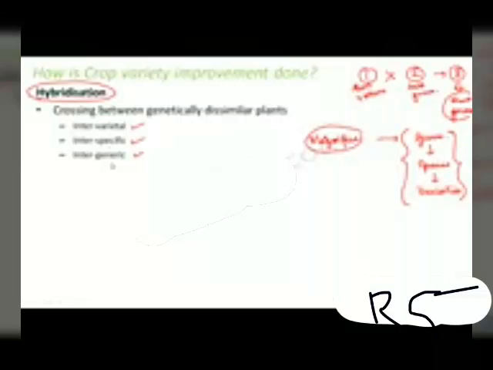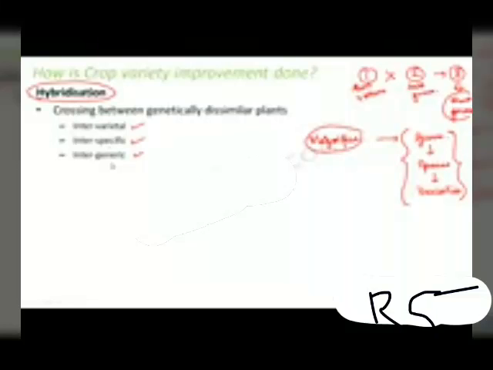So this is how we get our desired crop variety. Now you understand what I spoke about in the last slide, why we go for this crop variety improvement. Because we want so many things. We want good yield, we want better quality, we want it to be highly resistant to biotic and abiotic causes, it should have lesser maturity duration, and this is how we get it.